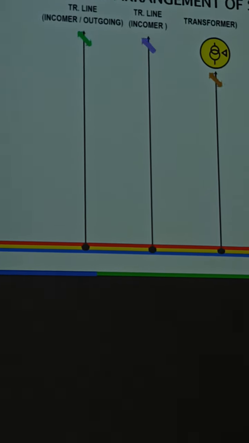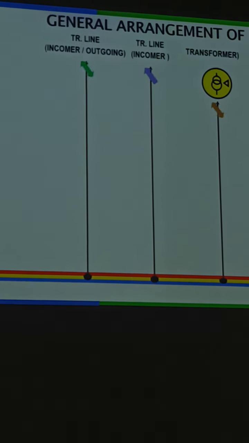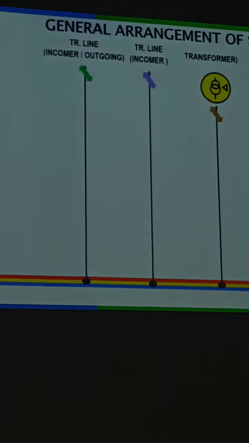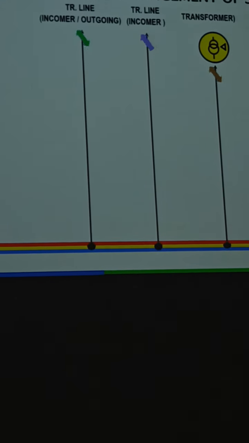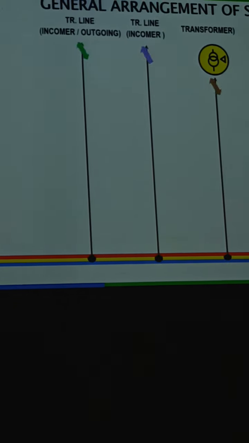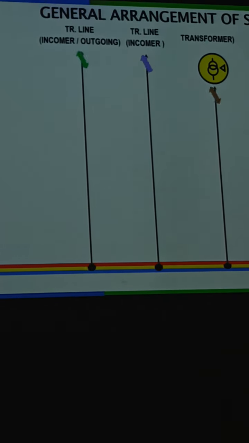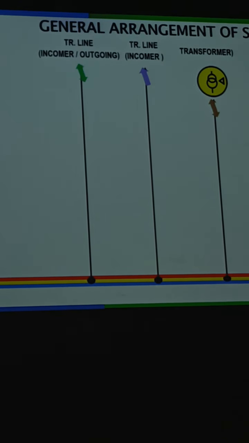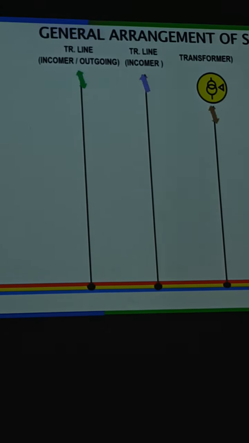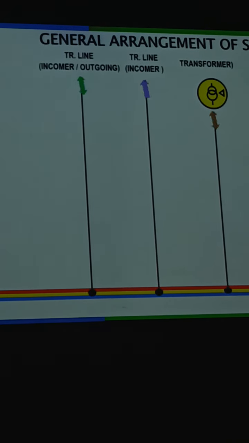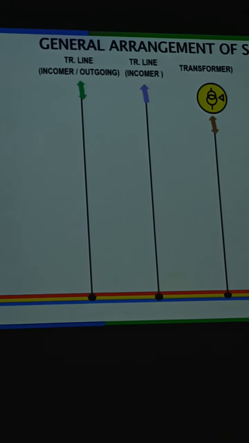Now let us see what the next requirements are, one by one by priority. In any asset, forget electrical engineering, maybe your refrigerator, washing machine, TV, whatever, any asset.